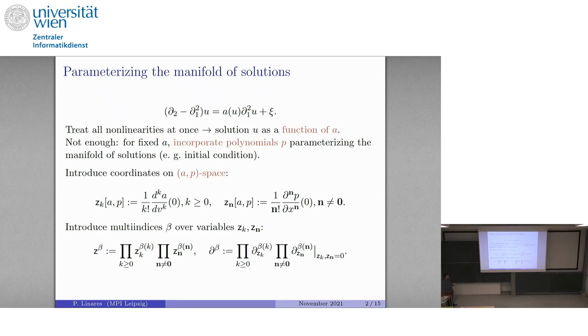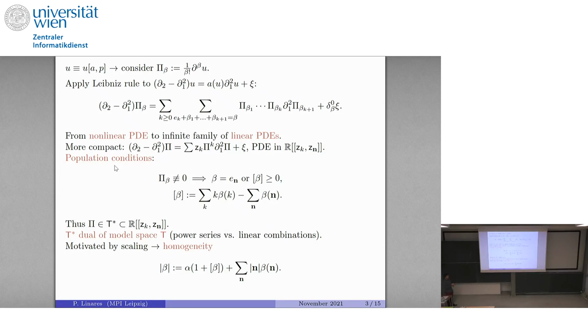So if you then go to the homogeneity, for instance, this square bracket here will not see the beta 0 component because it's multiplied by k, so 0 times whatever. That in the end translates to the fact that for a given homogeneity, you don't have finitely many multi-indices, but you have infinitely many. Let's say you forget about the E0 component, you have them finitely many, but then for each of them, you have a whole infinite family indexed by this E0 component.